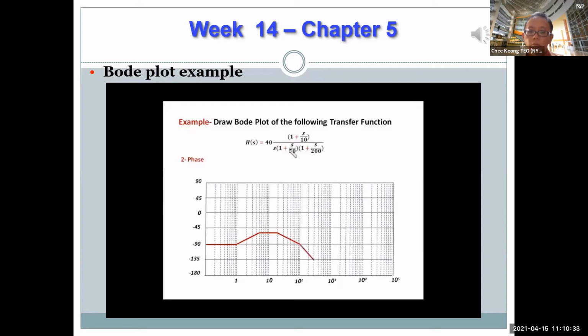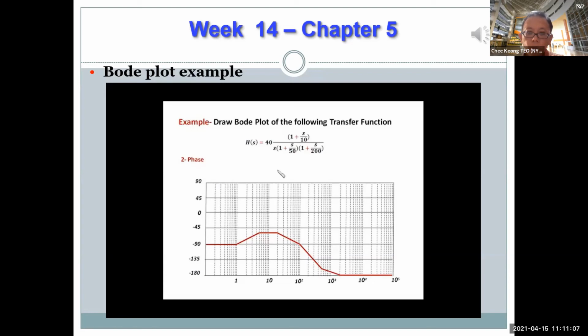So this will go minus 90 degrees per decade until I hit 500, and then I will have minus 45 degrees per decade for this pole until I hit the frequency 2000, and then I took care of all of the zeros and the poles in the transfer function. I flatten it out at 100 and at minus 180 degrees. That is basically the Bode plot for the phase of this transfer function.